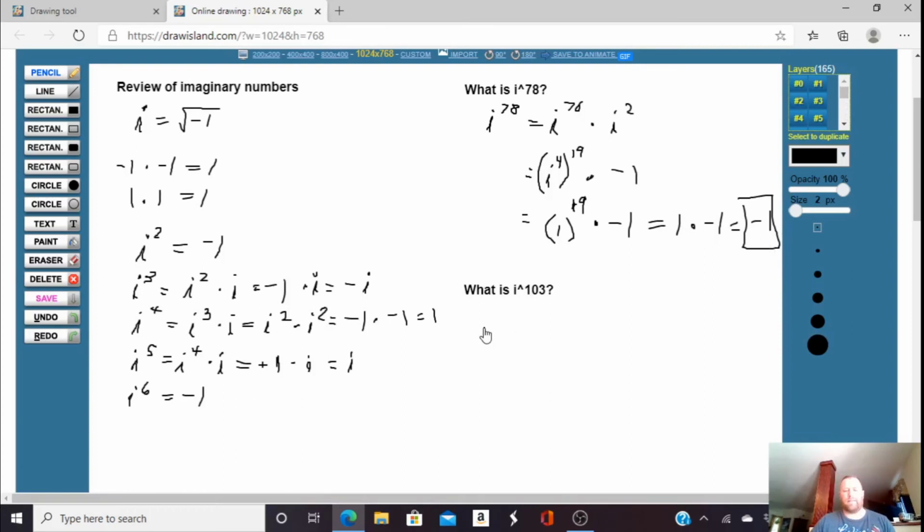So let's look at i to the 103rd power. Well, another way we can write this is i to the 100th power, because 100 is directly divisible by 4, times i cubed. i cubed is going to be -i. i to the 100th power we can write as i to the 4th power raised to the 25th power.